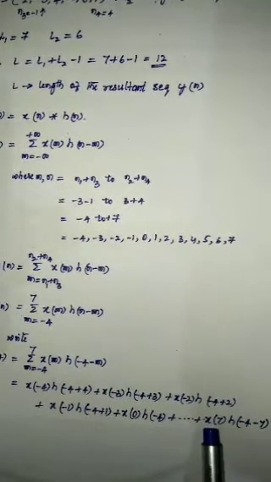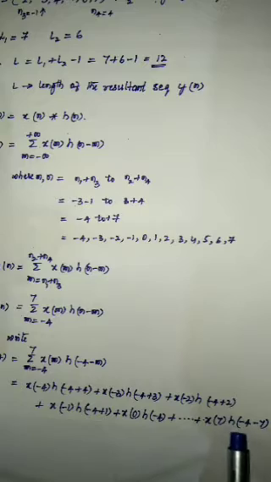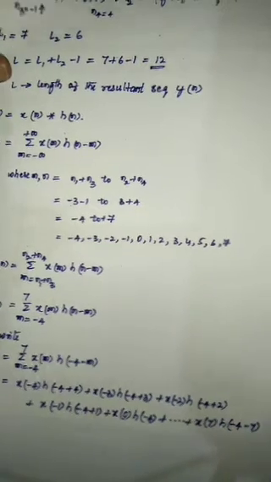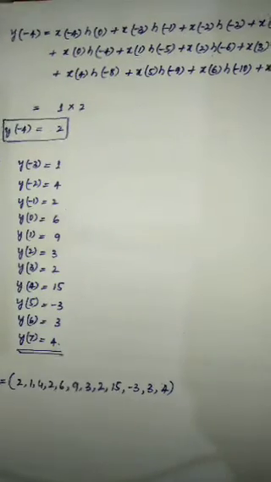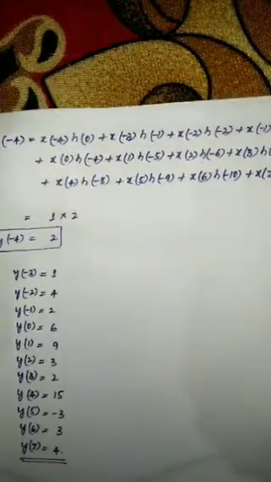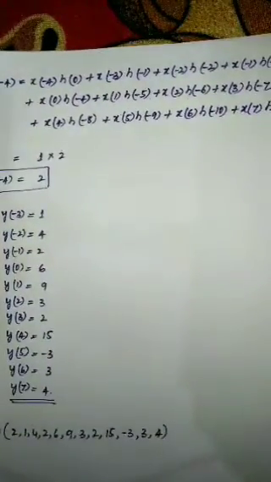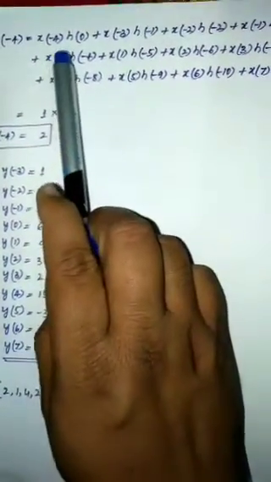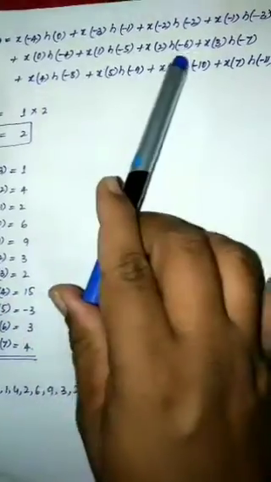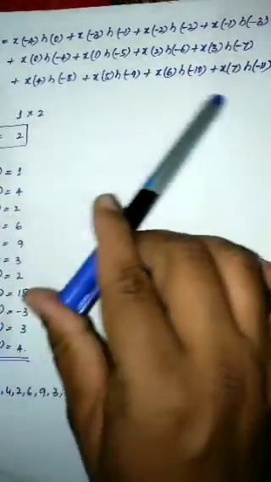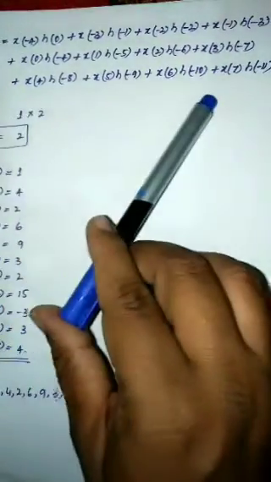And ultimately we will be getting x of 7 into h of minus 4 minus 7. Now, upon further reducing that expression, we will be getting y of minus 4 as x of minus 4 into h of 0, and so on. This is the final split up of that particular summation that we are going to get here.